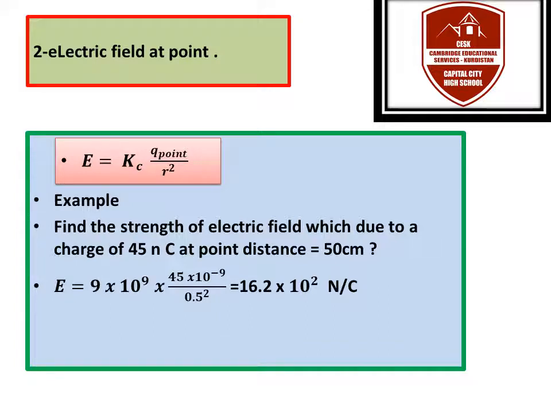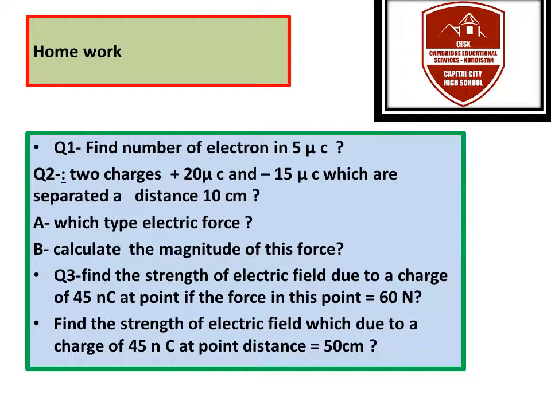Let's go to the next slide. Here we have homework. Number 1, find the number of electrons in 5 microcoulomb.